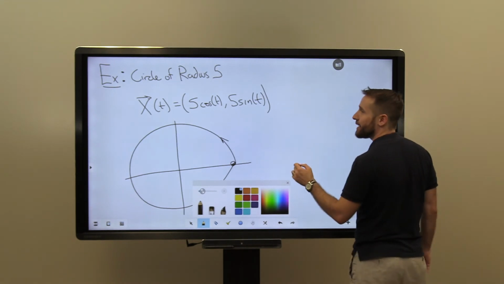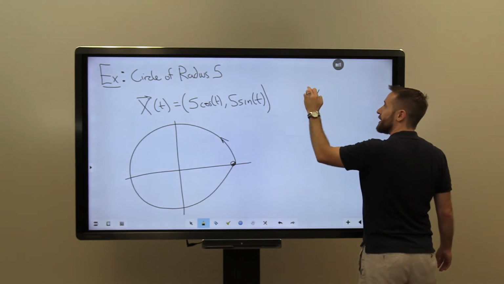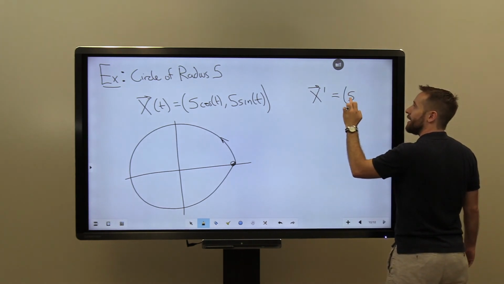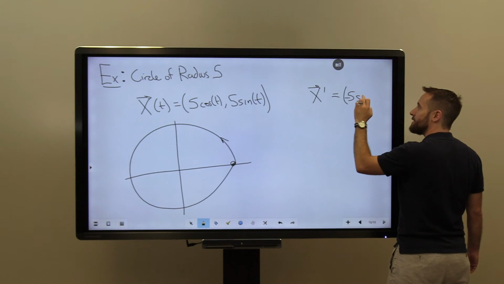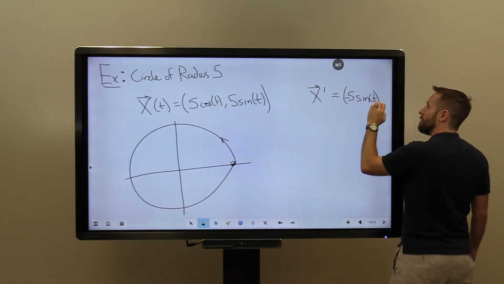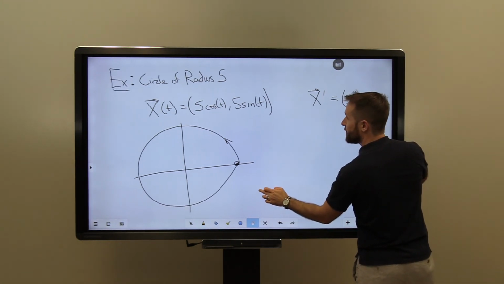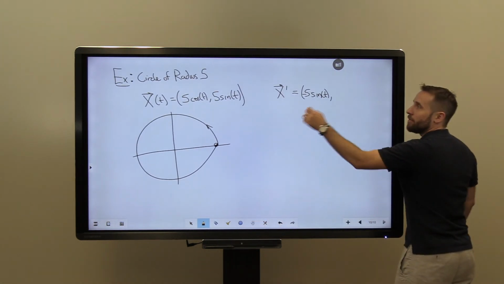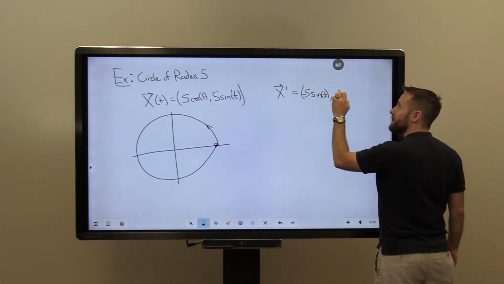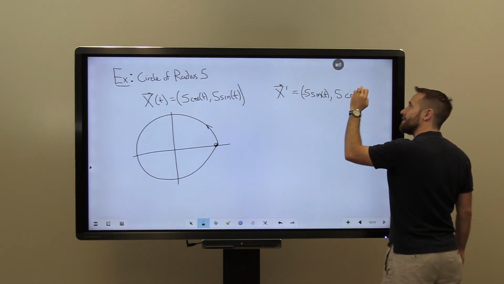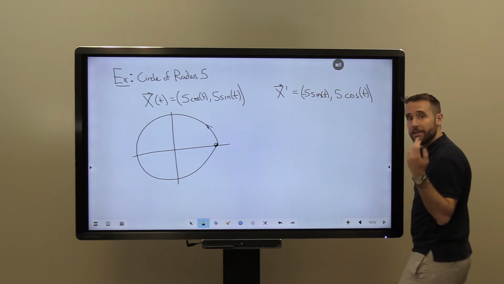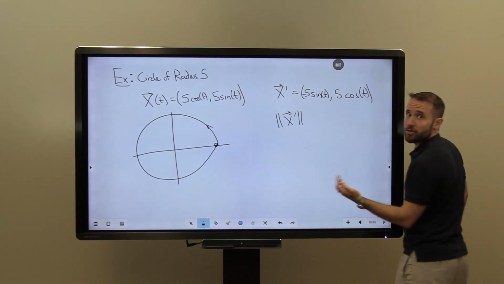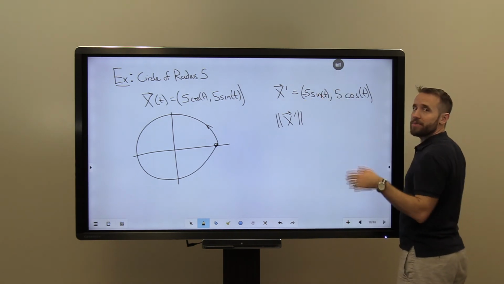First, the unit tangent vector is computed by computing x prime. So capital X prime is negative 5 sine of t, 5 cosine of t. The speed of this will be the square root of x prime dotted with itself.